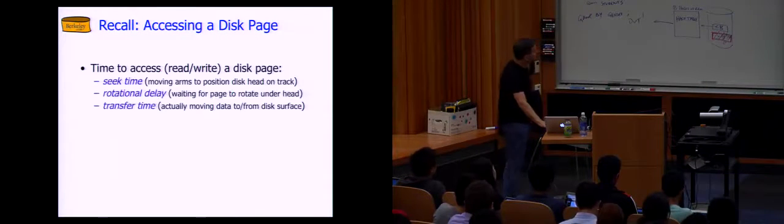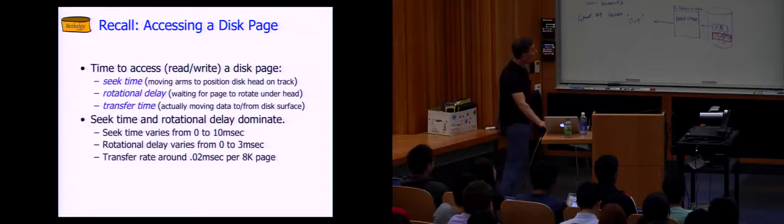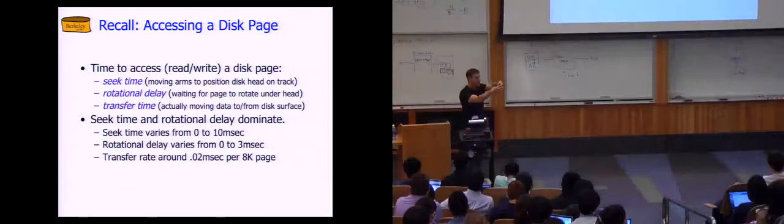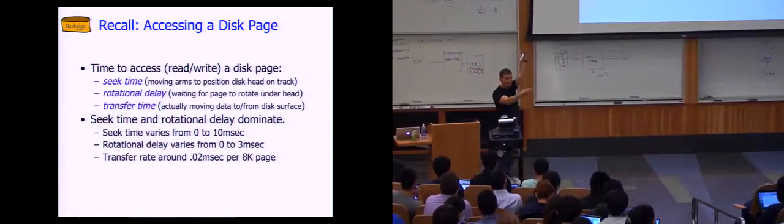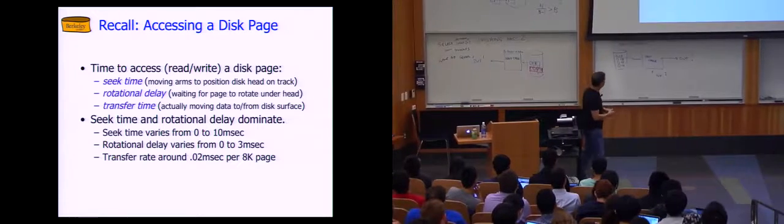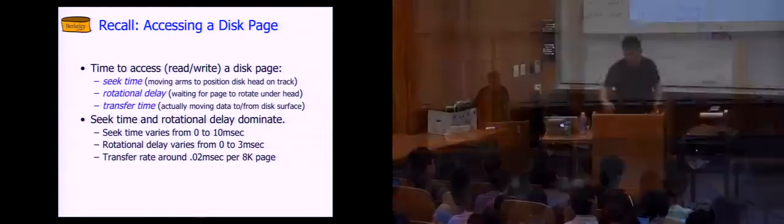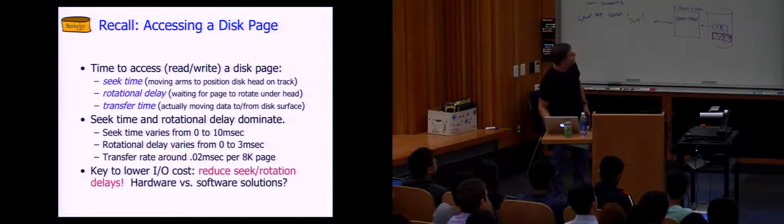Okay. The other thing to recall, so seek time, rotational delay, right? Seek time to move the arm, rotational delay to let the data come out, transfer time for the electronics to read out the magnetic media and bring the bits up into your computer. And we saw these numbers, orders of magnitude differences between them. Okay.